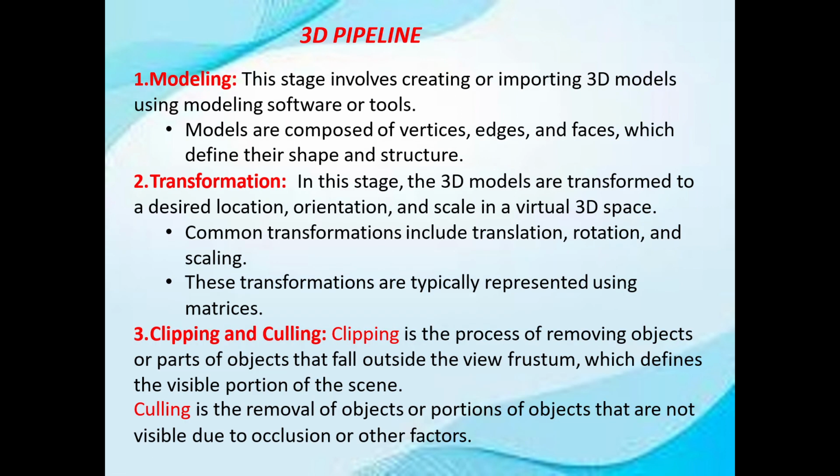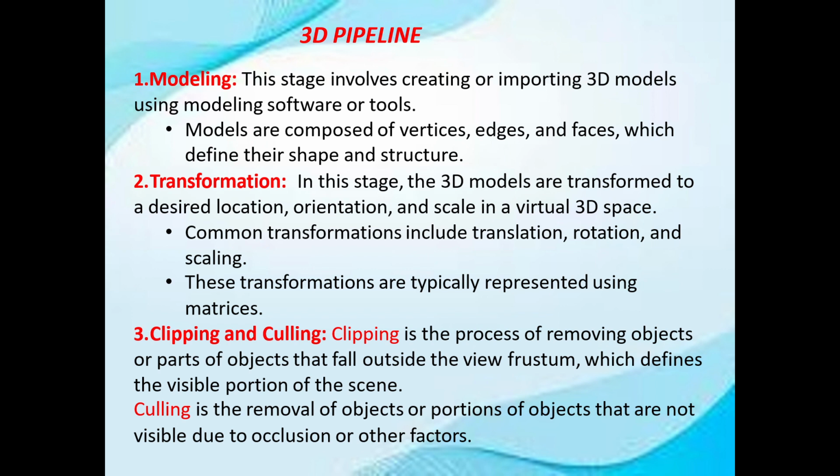Next, moving on with the 3D pipeline. In the 3D pipeline, there is modeling. Firstly, this stage involves creating or importing a 3D model using modeling software or tools. Models are composed of vertices, edges, and faces, which define their shape and structure.